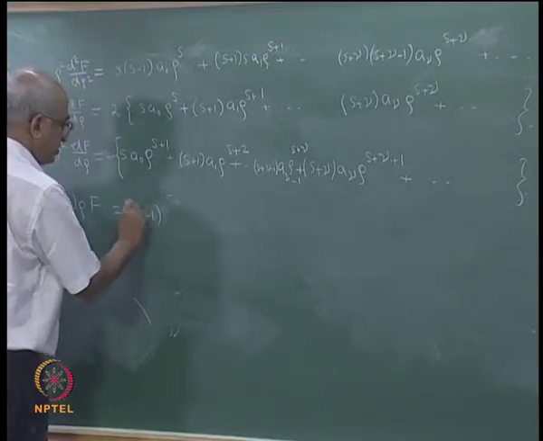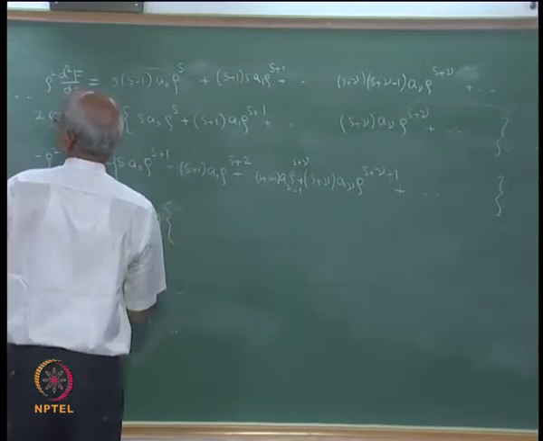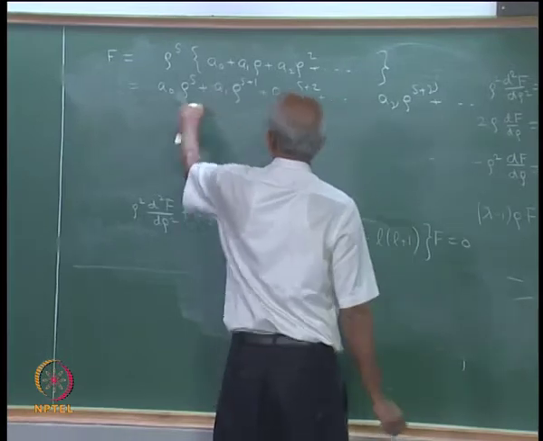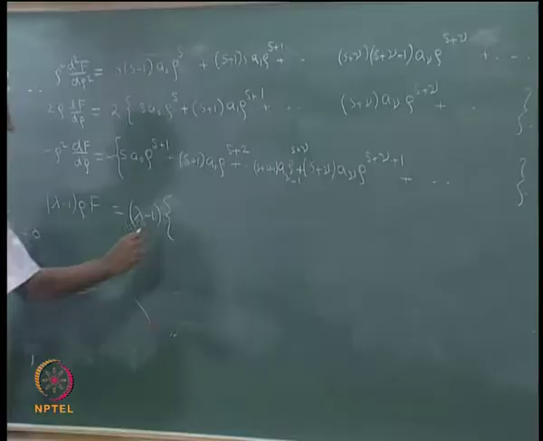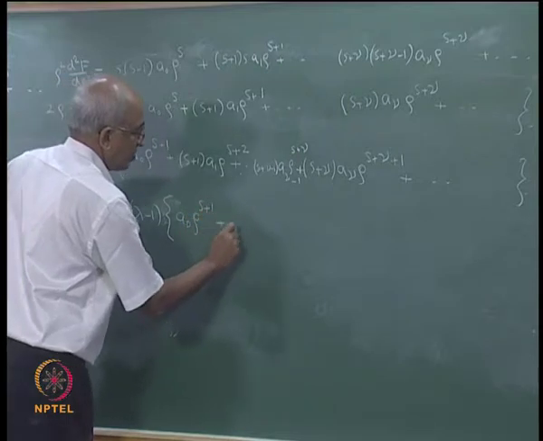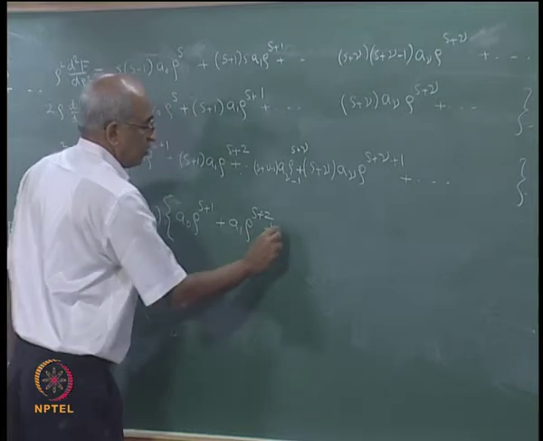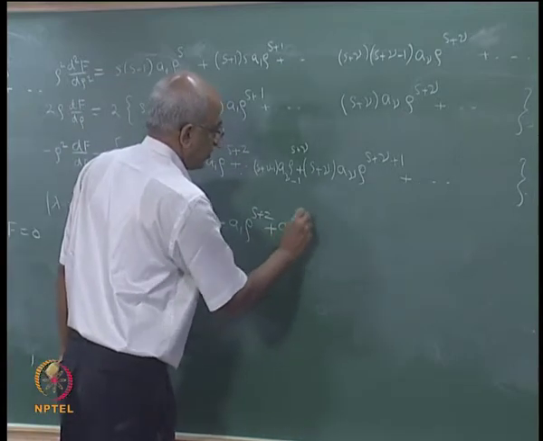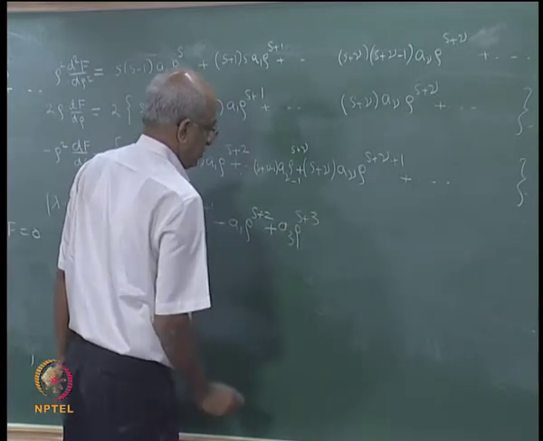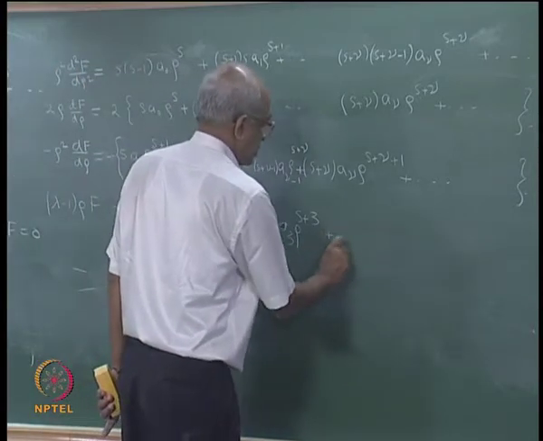Lambda minus 1 is there, and then rho into f. So, f is written somewhere, f is written here. So, I will use that, and I will get a0 rho to the power of s plus 1 plus a1 rho to the power of s plus 2 plus a3 rho to the power of s plus 3. Is that correct? I suppose it is, plus etc.